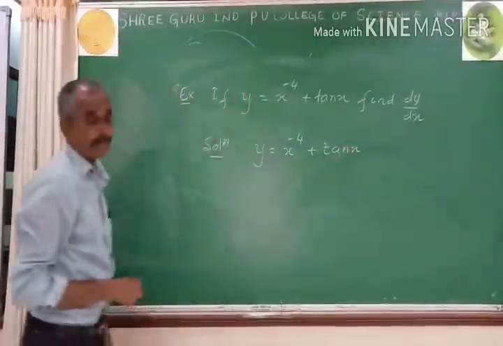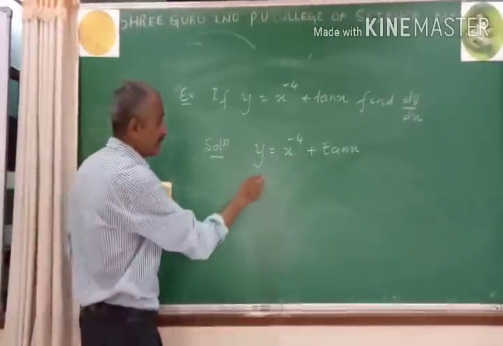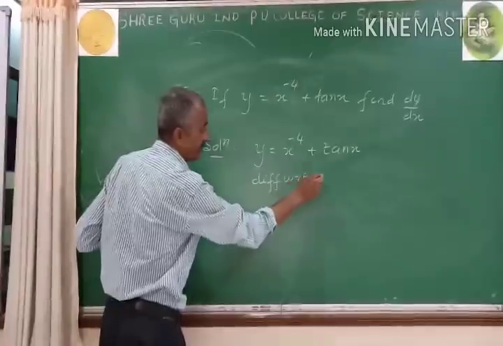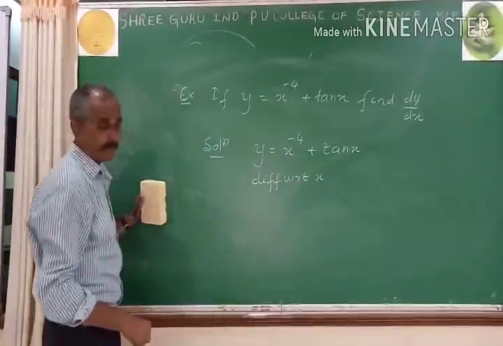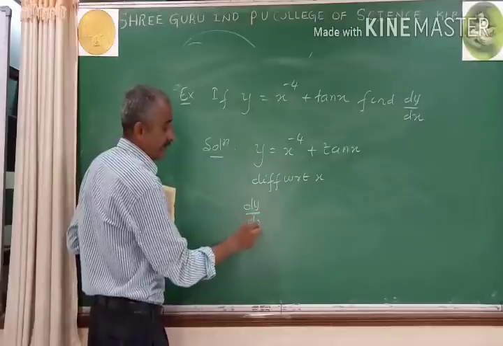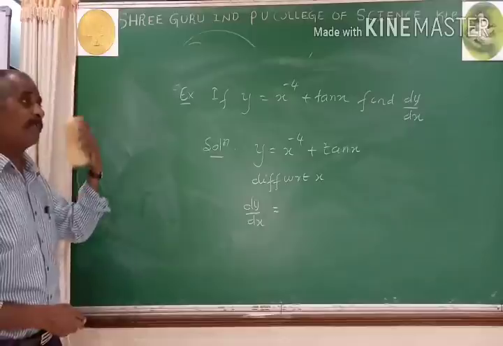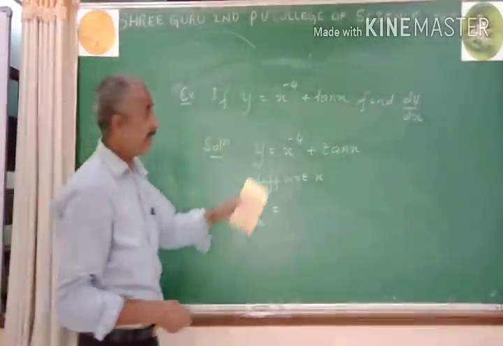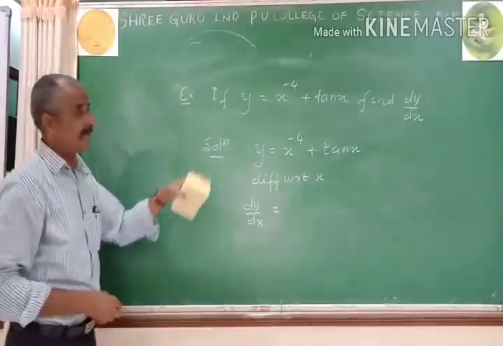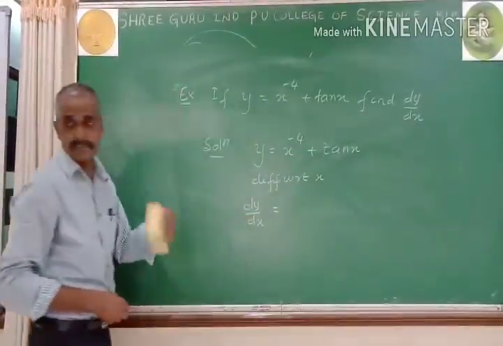As we are supposed to find dy by dx, you must write the words compulsorily: differentiating with respect to x on both sides. That is dy by dx. On the right hand side, you must be aware of which rule is going to be adopted, whether it is sum rule, product rule, quotient rule, etc. Here between these two functions we have a sum, so we need to apply the sum rule.